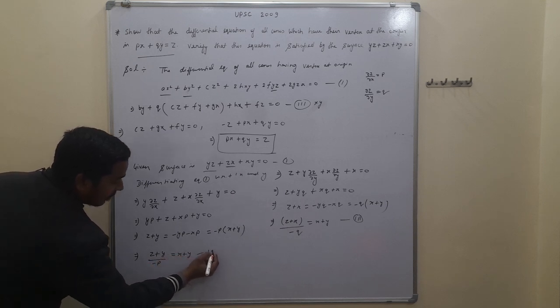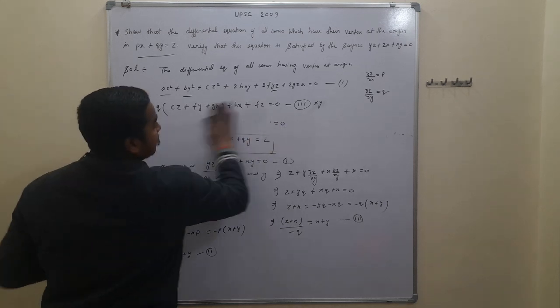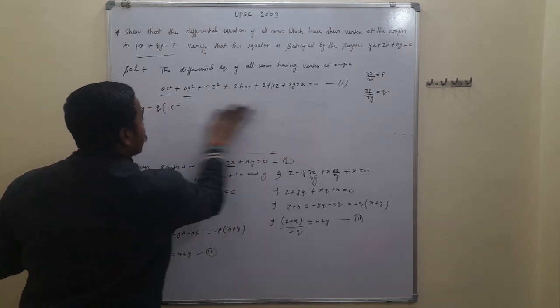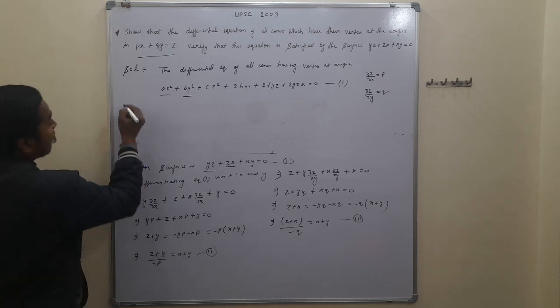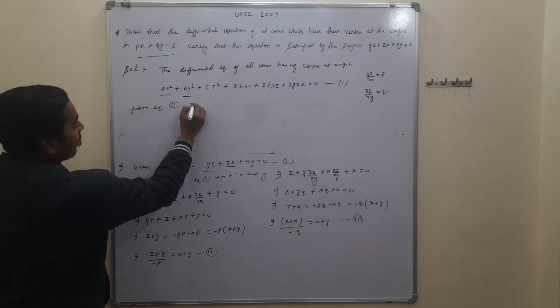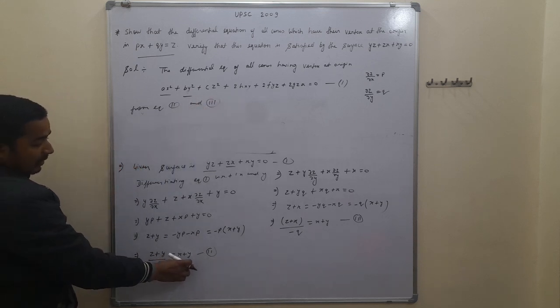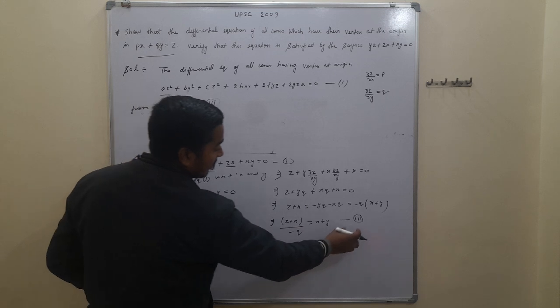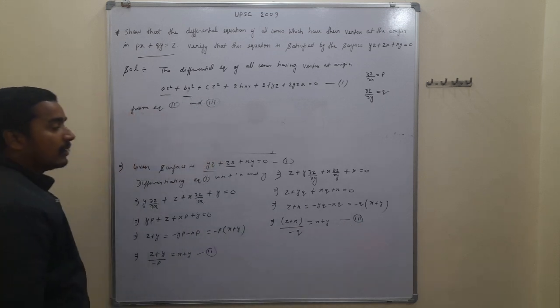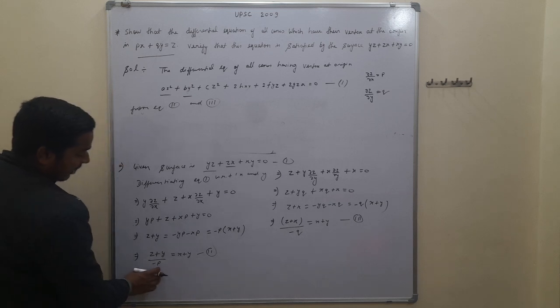Let this be equation second. From equations 2 and third, the right hand side of equation 2 and the right hand side of equation third are the same, so the left hand sides are also equal.